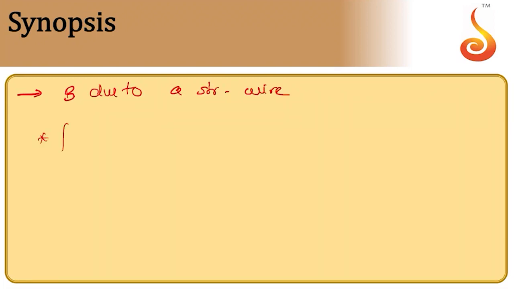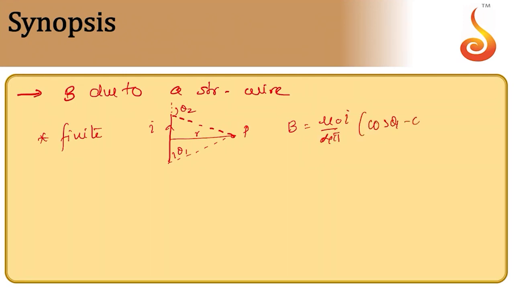If the wire is of finite length, for example, here is the current carrying conductor and the current is I, and this is the point under consideration at a perpendicular distance r, suppose theta 1 and theta 2 are the angles subtended here, then we can write the magnetic field at that point as mu naught I by 4 pi d into cos theta 1 minus cos theta 2. Sometimes this is also represented in another form.